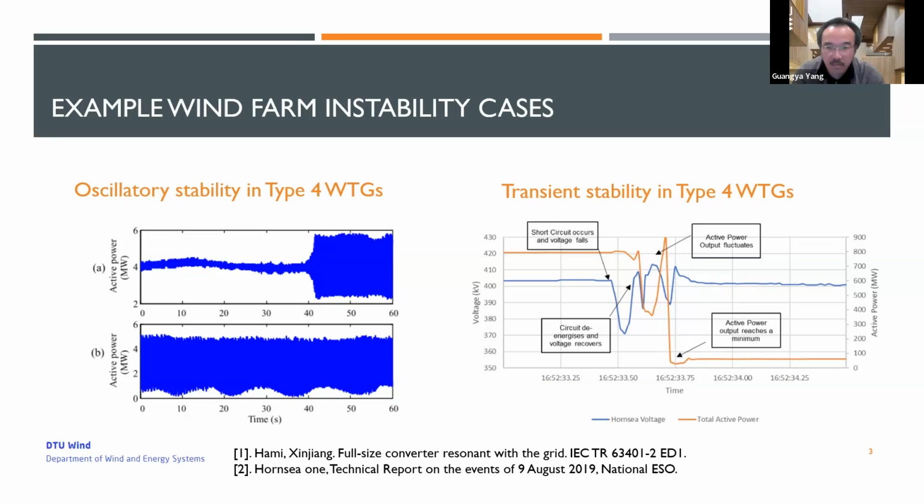Afterwards, there were some oscillations between voltage and reactive power, and then the wind farm tripped due to overcurrent turbine protection. So this case is more seen as a transient stability phenomenon, whereas the previous case is oscillatory stability.